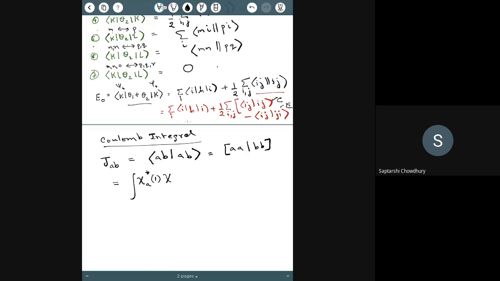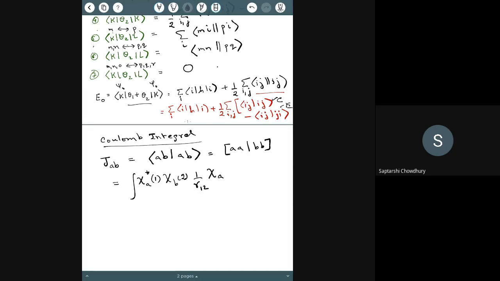So it is chi A star, chi B, 1 by R12, chi A, sorry. See, this is the problem with having too many notations.